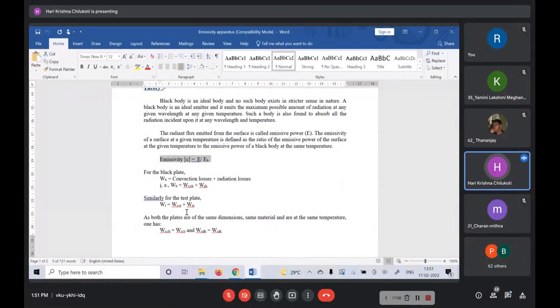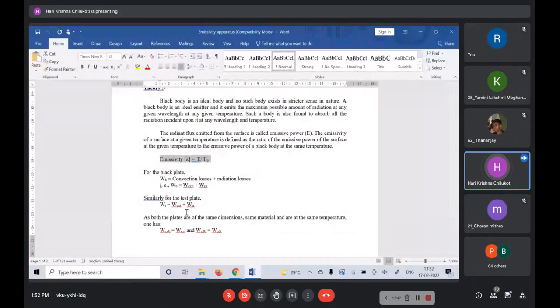You know that the heat transfer rate from Newton's law is Q equals hA delta T, where delta T is Ts minus T infinity. Ts is the temperature of the test surface, I mean any solid surface. In the steady state, we are saying that the temperature of the test surface is equal to the temperature of the reference surface, and also the ambient air temperature is the same because they are positioned in the same enclosure.